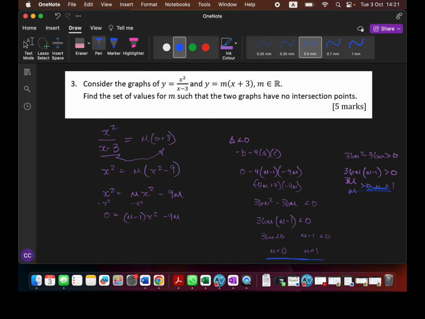As you can see, my iPad has screwed up, so it's not working correctly. So what we end up having is m has to be greater than 0, but less than 1. So the values of m where there's no intersection is when m is between 0 and 1. I hope that's helpful.